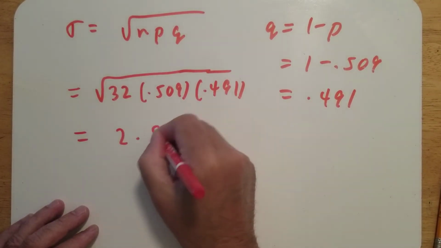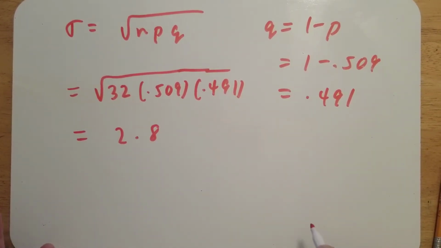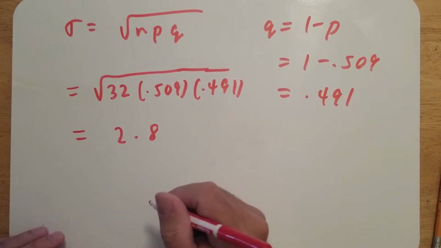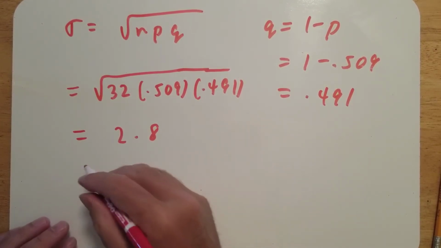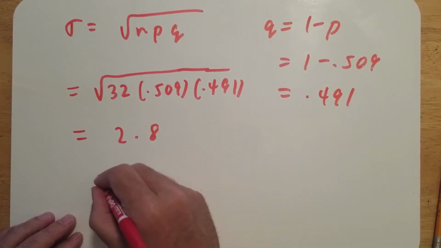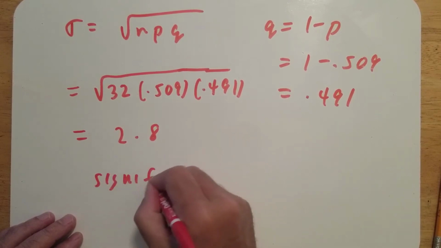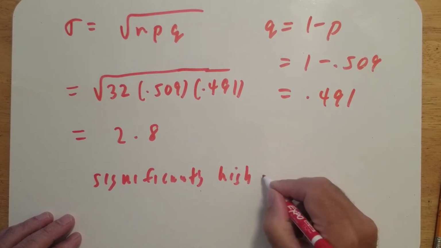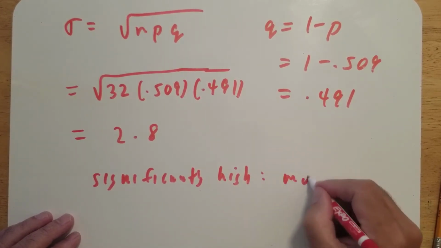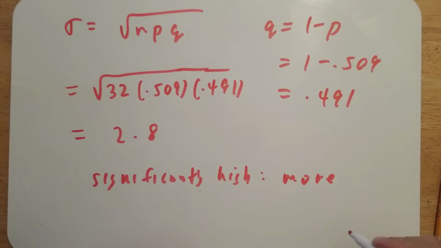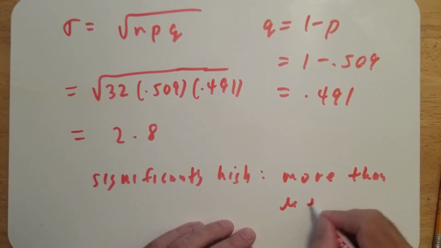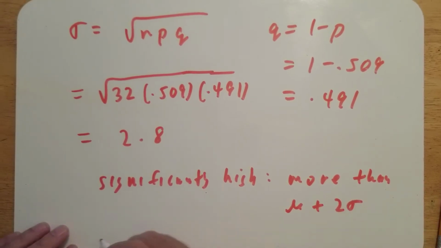Now, one more thing about this: there is what's called the range rule of thumb. If you have a value of the random variable x that is significantly high, that would be more than 2 standard deviations above the mean, more than mu plus 2 sigma.